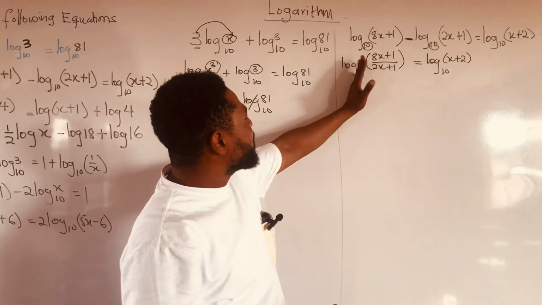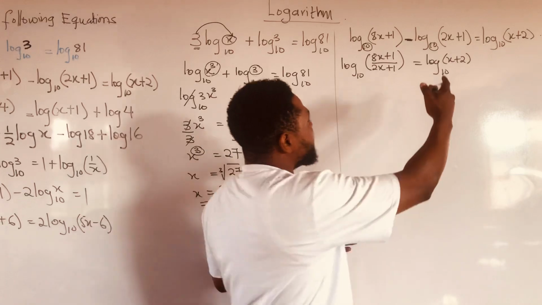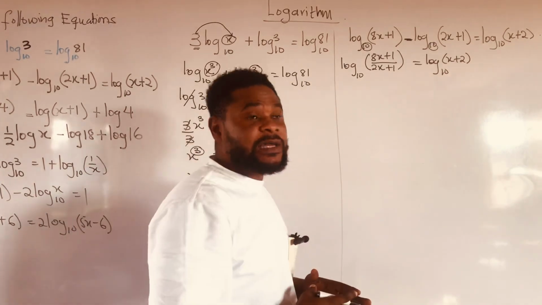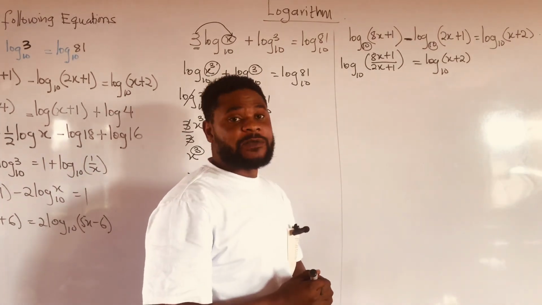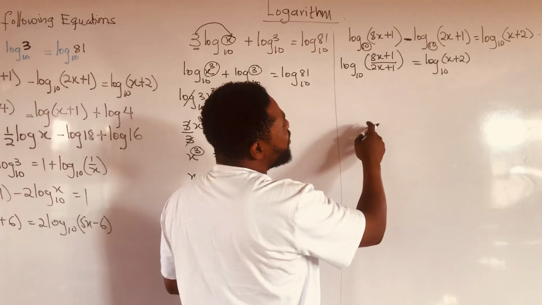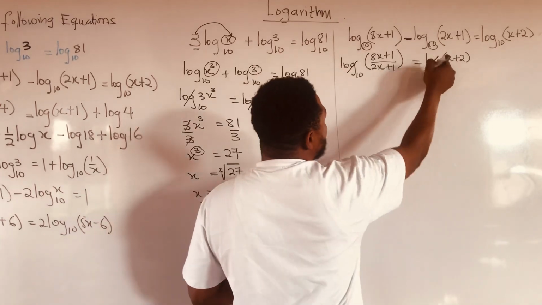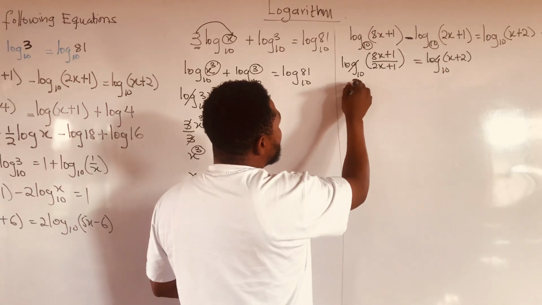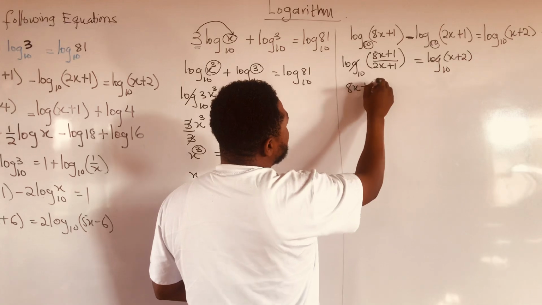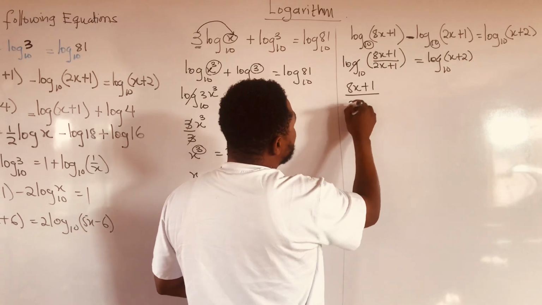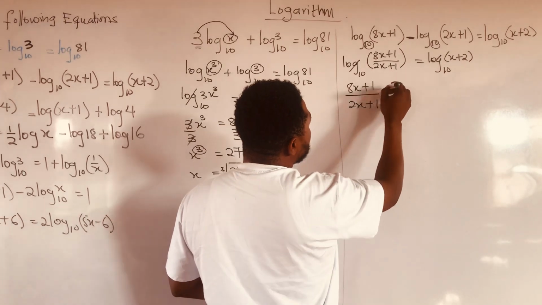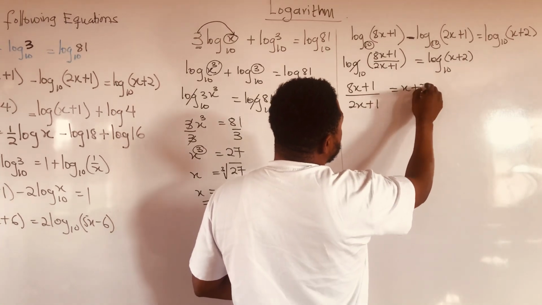Since we have a single log on the left-hand side and a single log on the right-hand side, we find antilog of both sides. By finding antilog of both sides, these two logs will cancel out. Therefore, we are going to have 8x plus 1 all over 2x plus 1 equal to x plus 2.